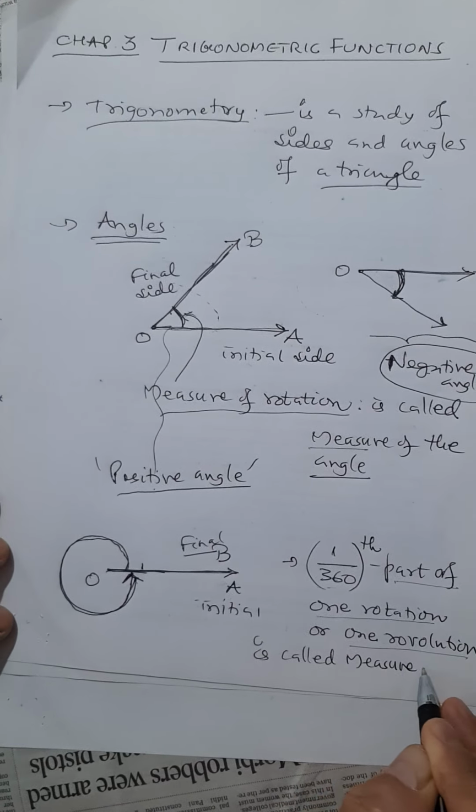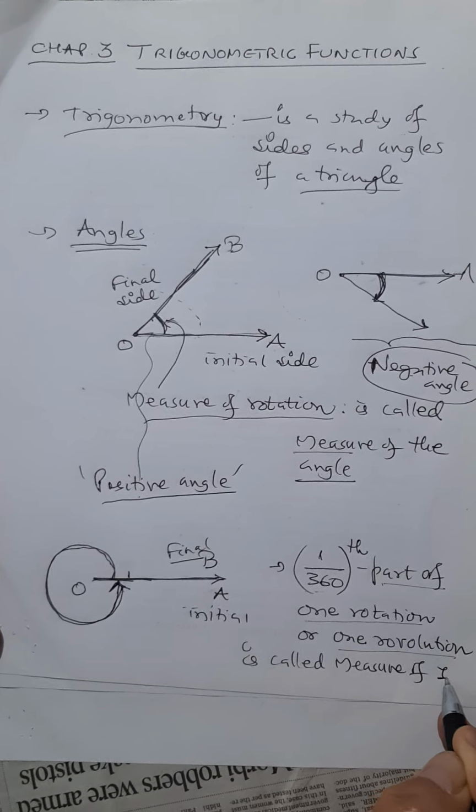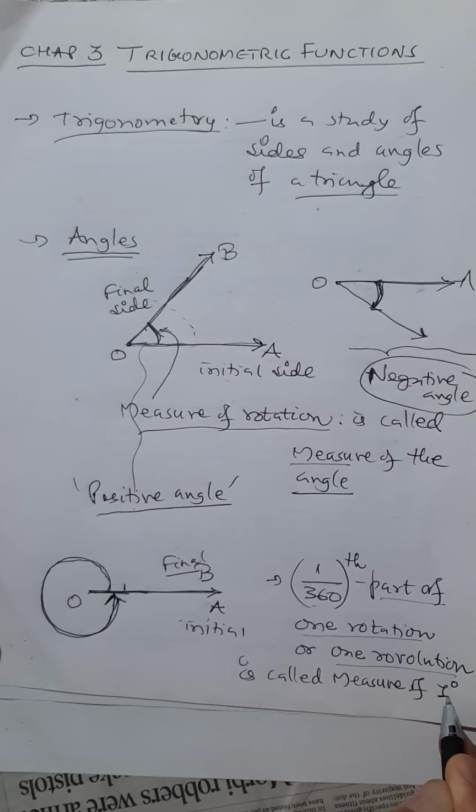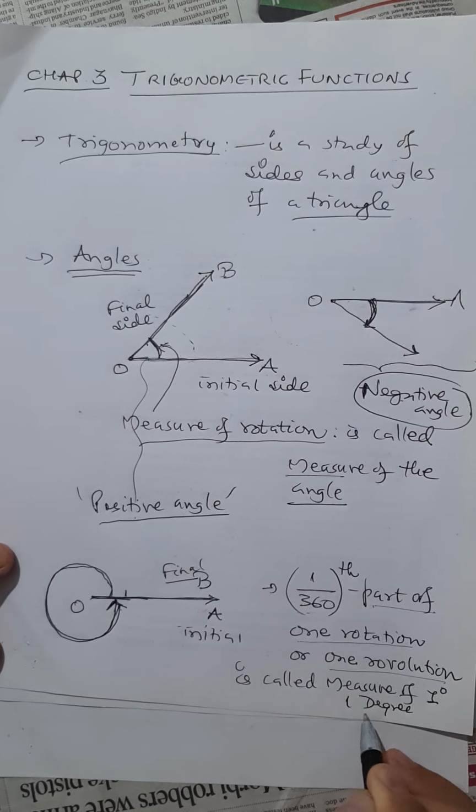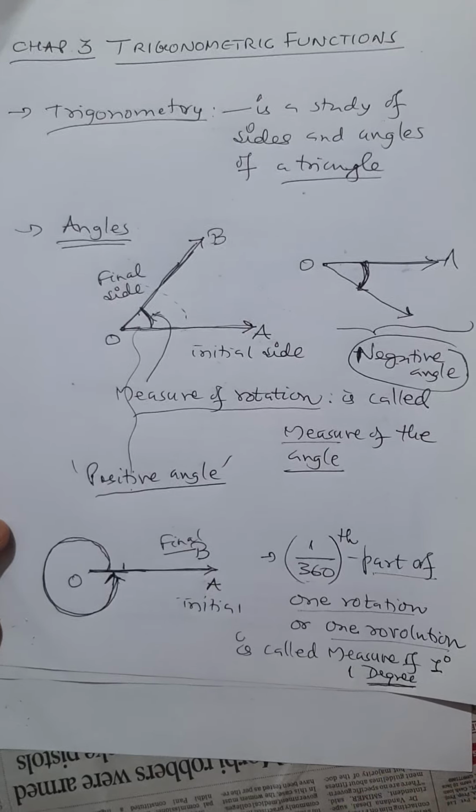We put a small circle. This is read as 1 degree. So here degree is one unit of measurement of the angle.